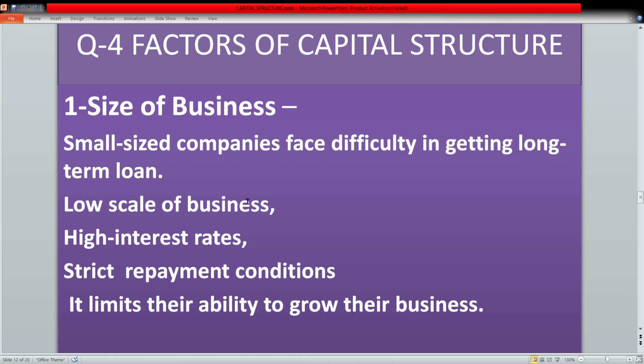In case of a very big size company, very prosperous company, this type of difficulties does not arise. So the small size company, they are limited by all these factors, and this difficulty limits their ability to grow their business.